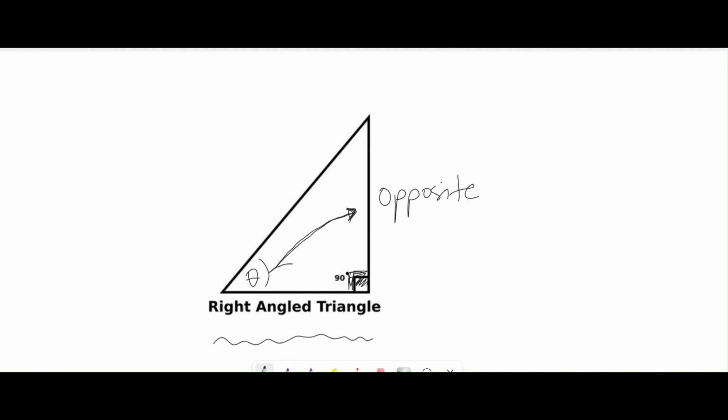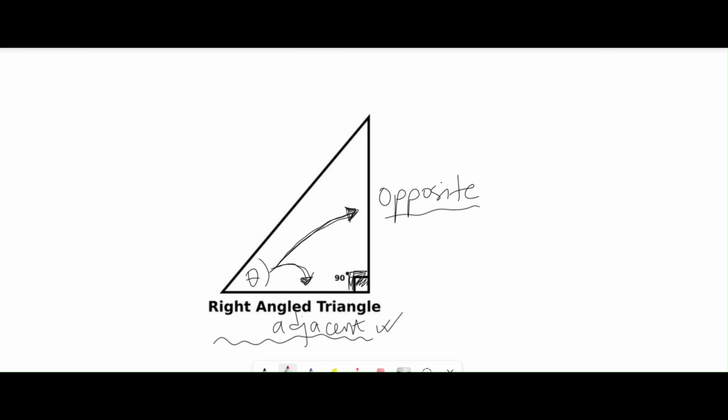Side that our angle is lying on is called adjacent. So the one on the bottom is called adjacent side, the one that our angle lies on, while the one that is on the opposite direction is called opposite side.